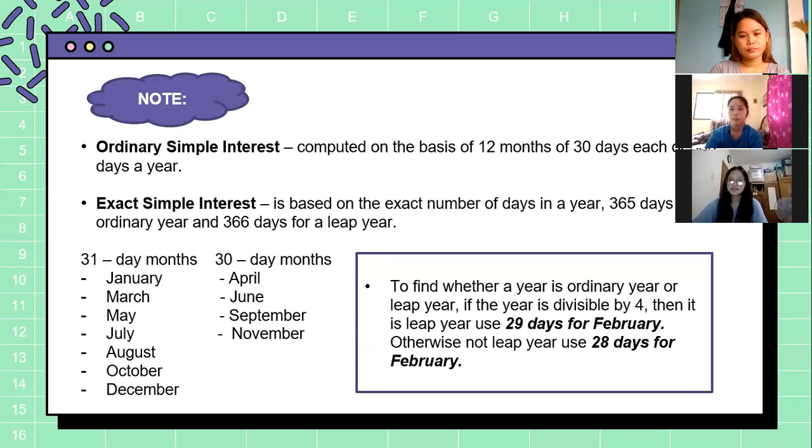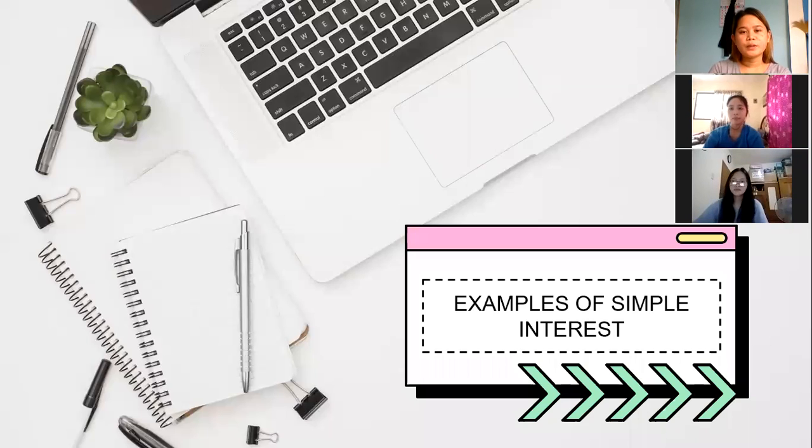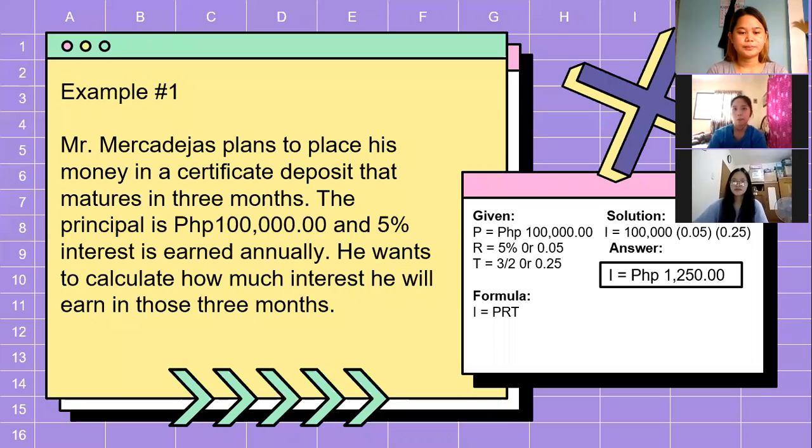Now let's move to the examples of simple interest. Example number 1. Mr. Mercadejas plans to place his money in a certificate of deposit that matures in 3 months. The principal is 100,000 pesos and 5% interest is earned annually.